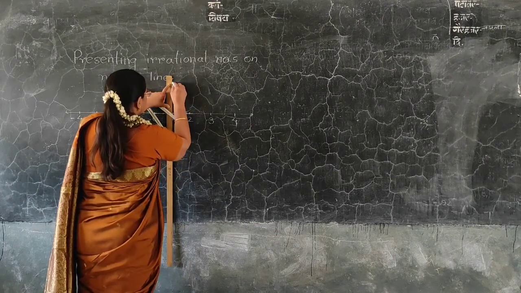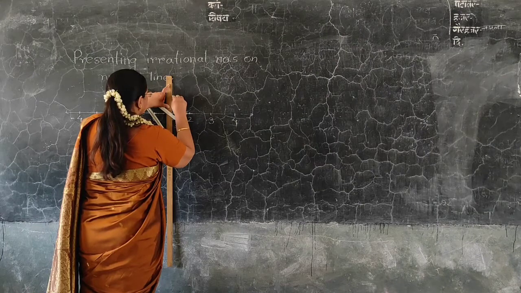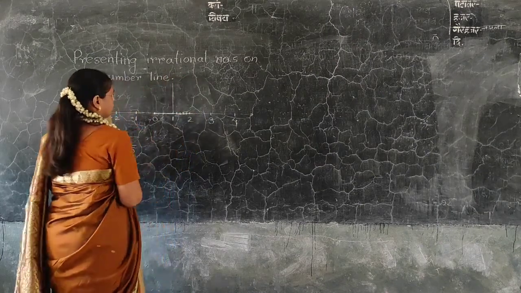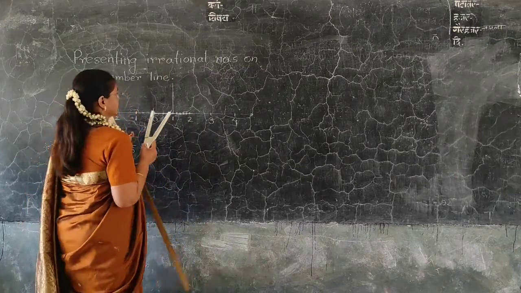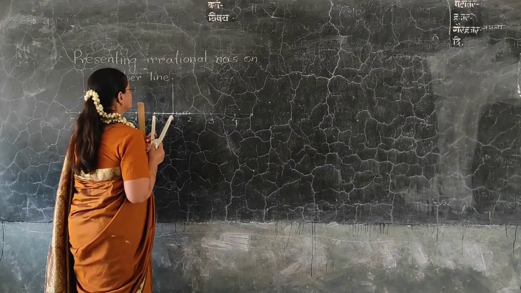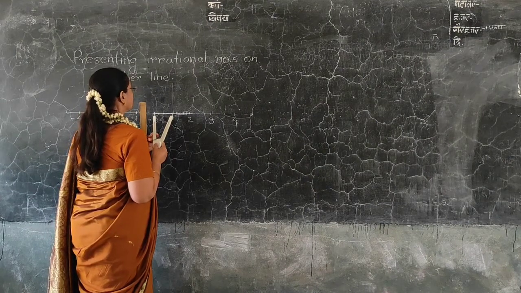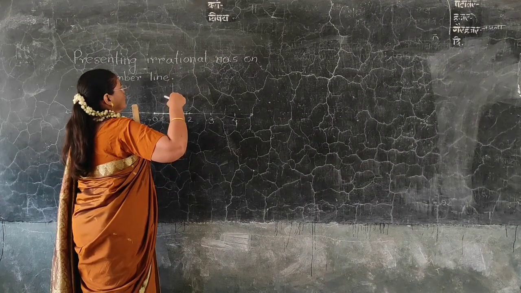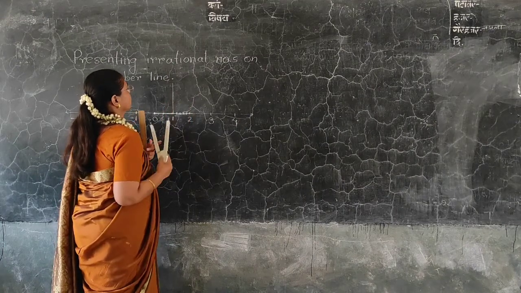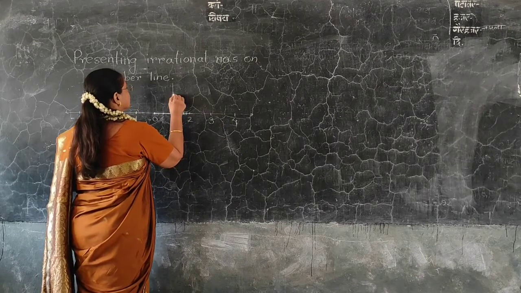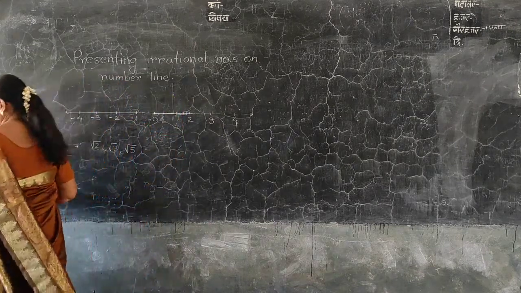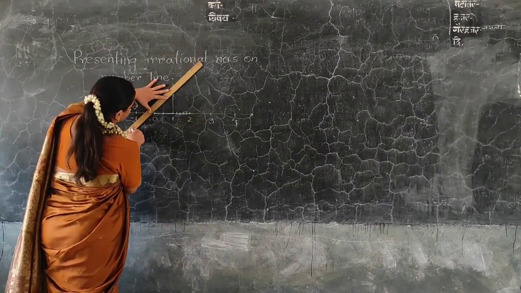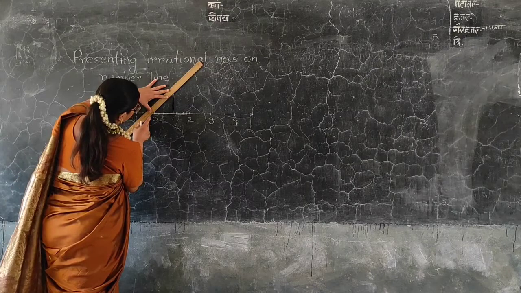Make sure it is perpendicular by using a protractor. Take a 90-degree angle. Now this 1 unit distance is measured here, and I found this point here. So now I will join this hypotenuse.